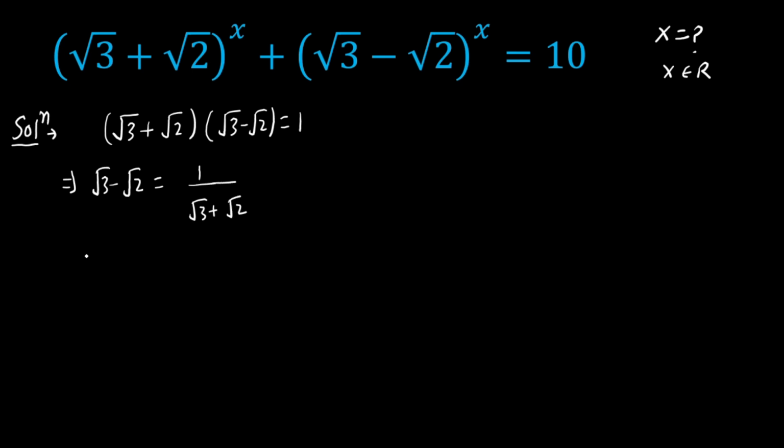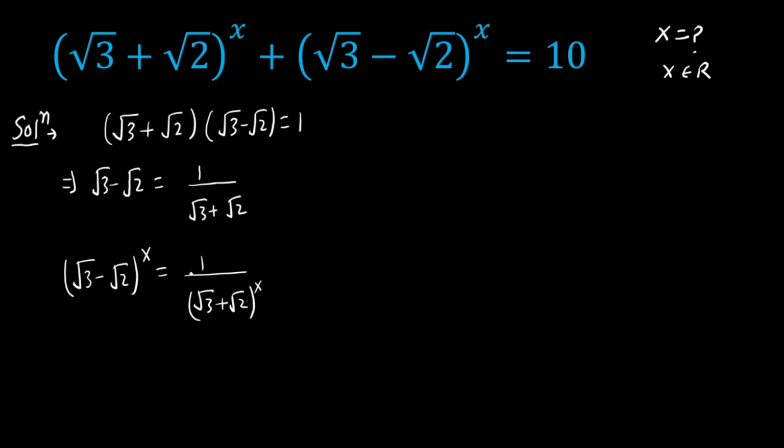If we take both sides to the power x, then on the left-hand side (√3 − √2)^x is equal to 1 over (√3 + √2)^x.